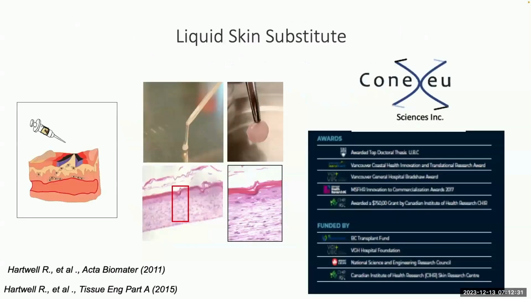So with that, there are still problems, and the main problem is that when you're in the OR trying to place a sheet that looks like a piece of paper, contouring that sheet to the irregularities and the topography of the wound was difficult.